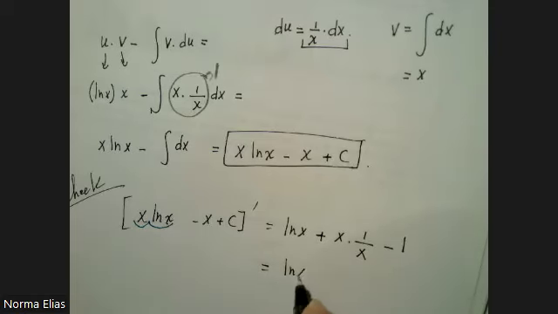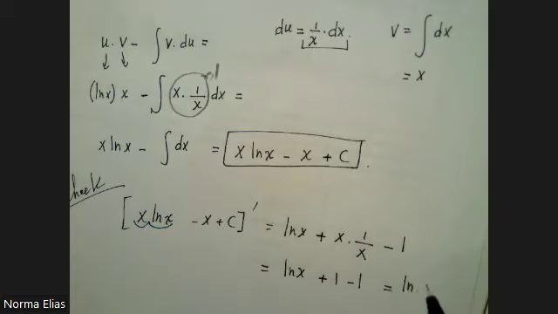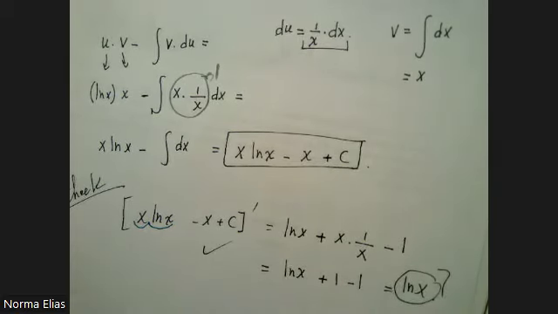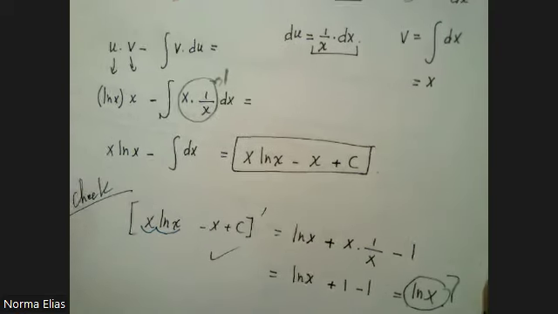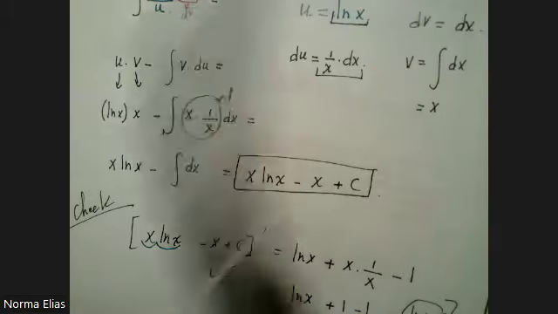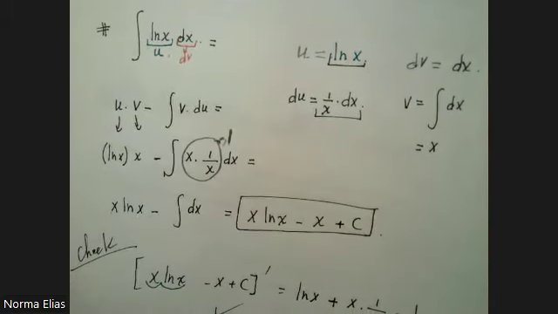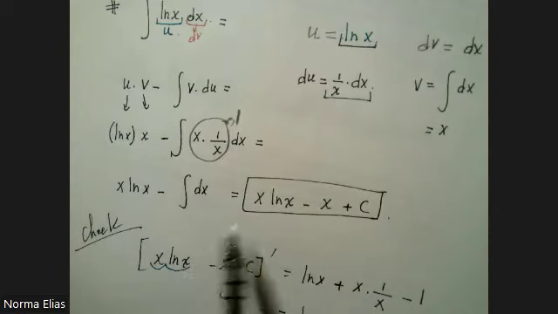So I will be left with ln of x plus 1 minus 1, which is ln of x. So the check is absolutely correct. So now we know the antiderivative of ln, and by parts is basically the only way to find the antiderivative of ln of x. There is no other way to do it.